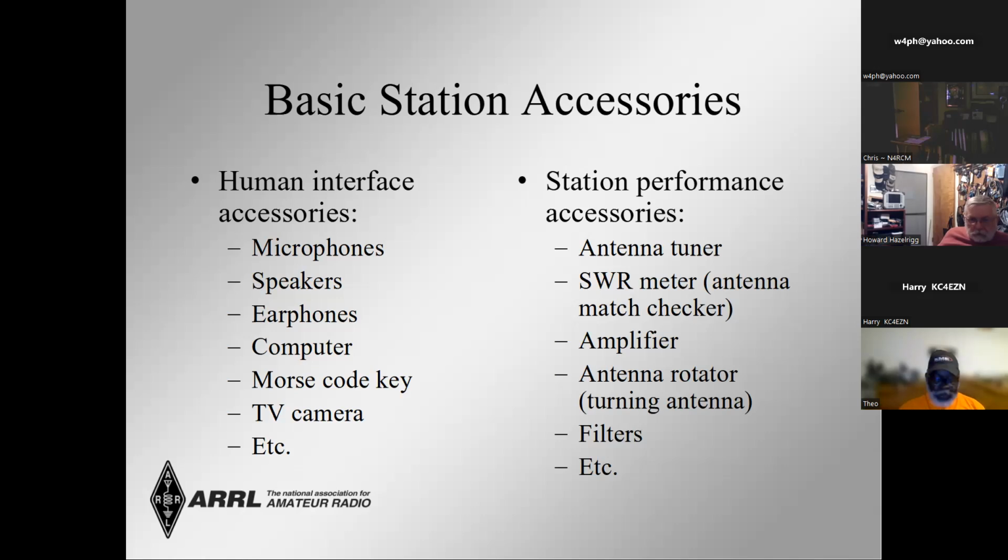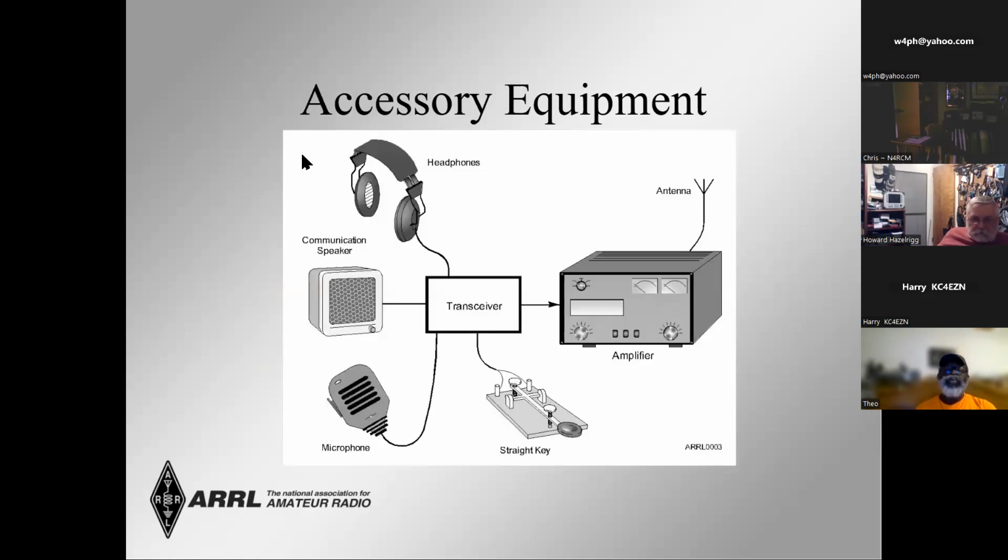Station performance accessories are an antenna, SWR meter, which is an antenna match checker, an amplifier, antenna rotator, filters, etc. And this shows accessory equipment connected with your transceiver.